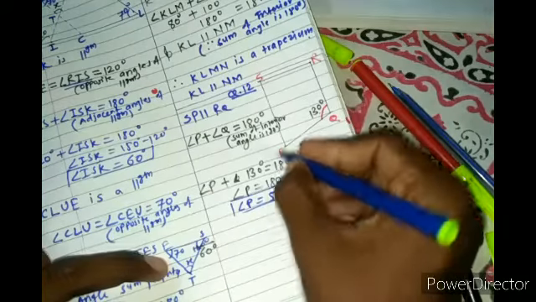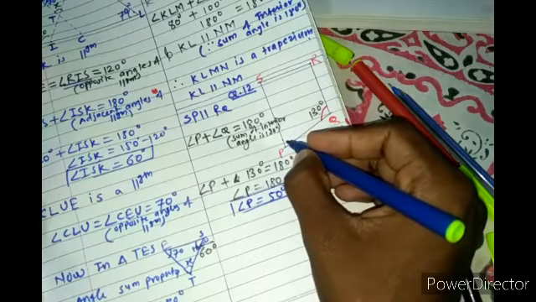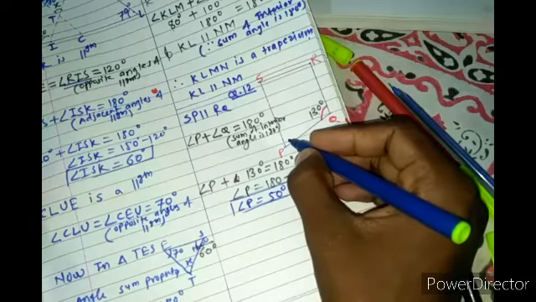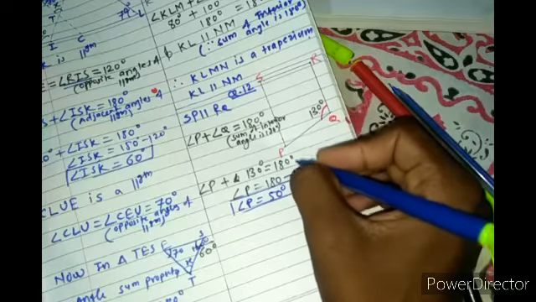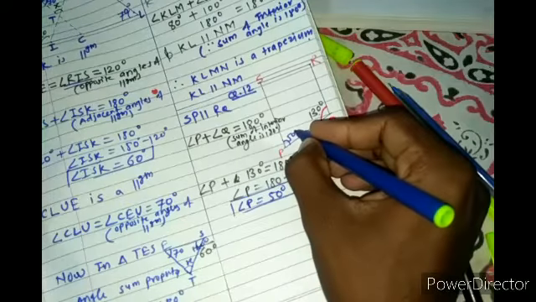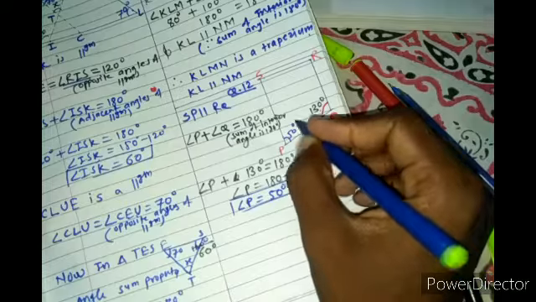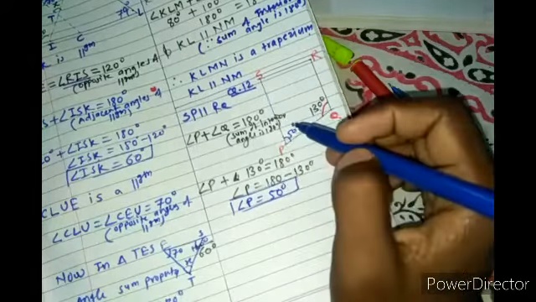Now what is the use of this 50 degrees? What are they asking? They are asking you to find angles P and S, right? So when you get P as 50 degrees, then you can also get S, right?